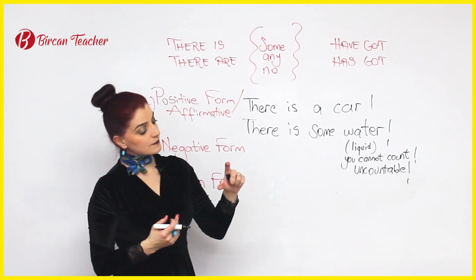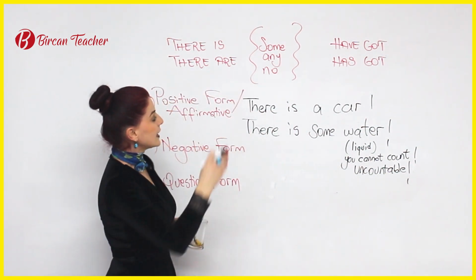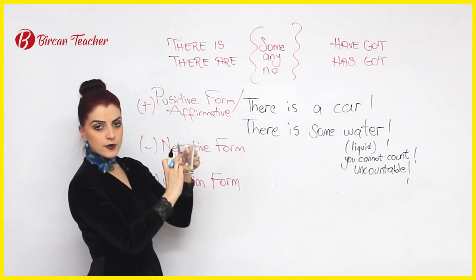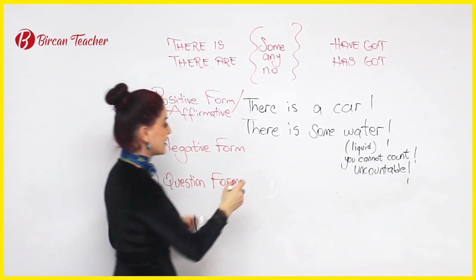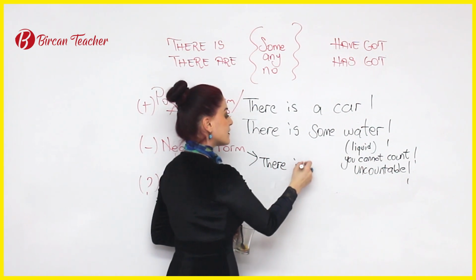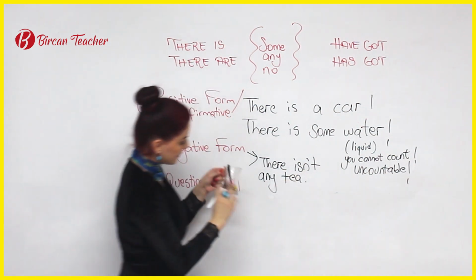There is some tea. For example, if you want to say the negative form, you see this glass, and at the moment there isn't any tea. So for the negative form, there isn't any tea. This is empty.